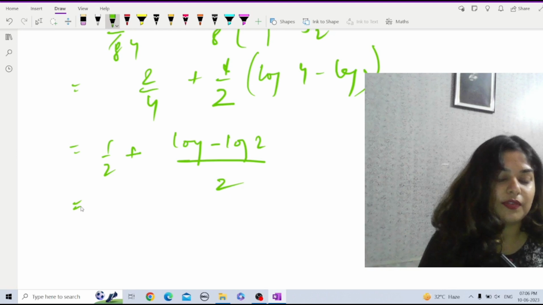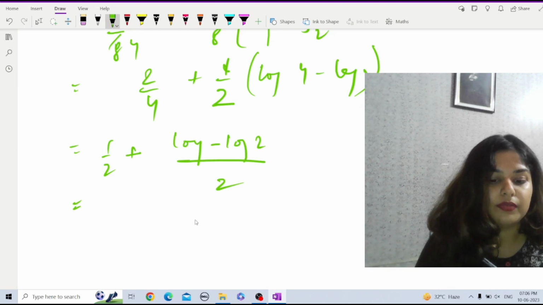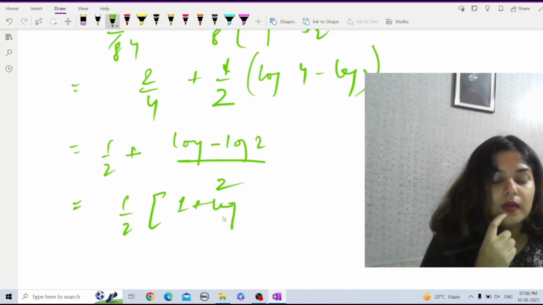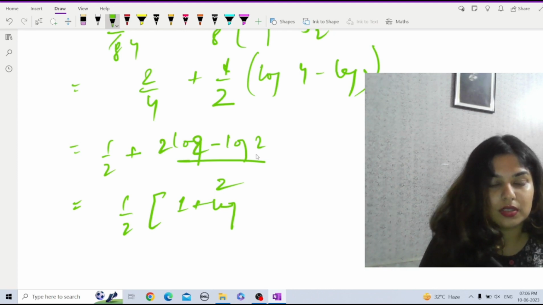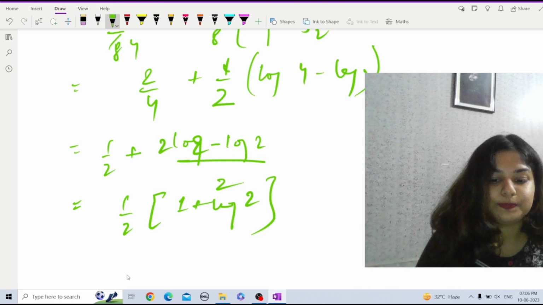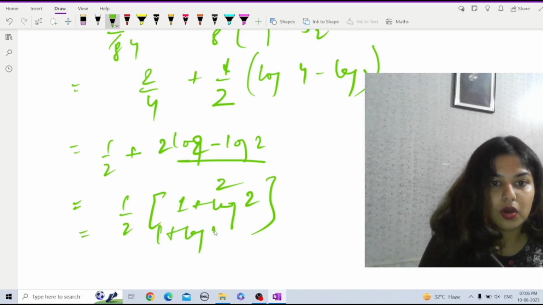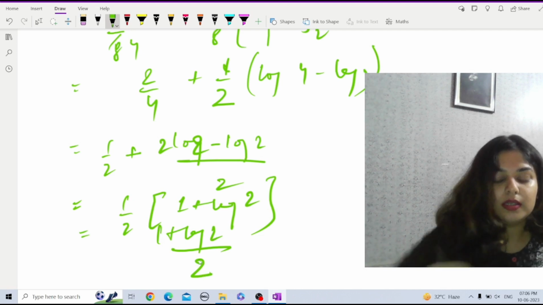If we further simplify, taking half as common, we have 1 plus log 4 minus log 2, which can be written as log 2, right? So this becomes log 2, correct? So we have 1 plus log 2 by 2, right?